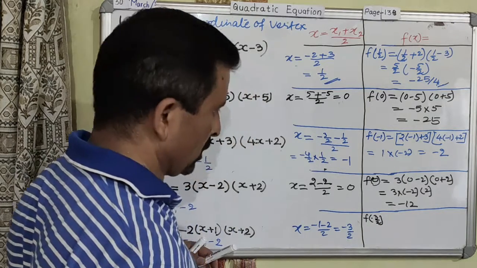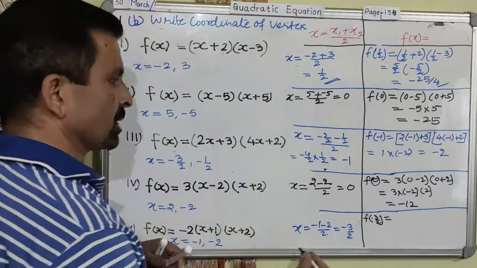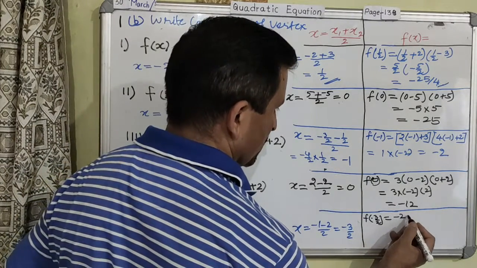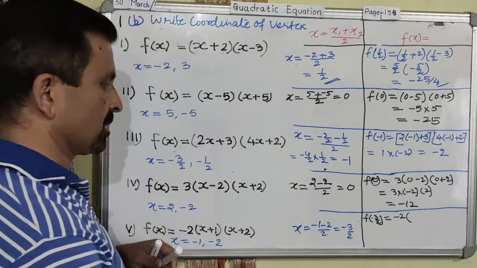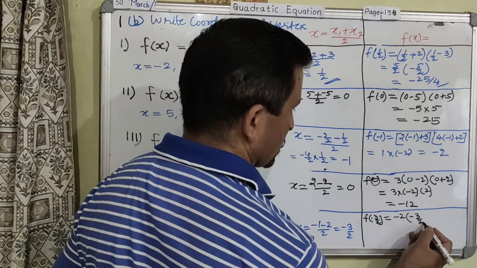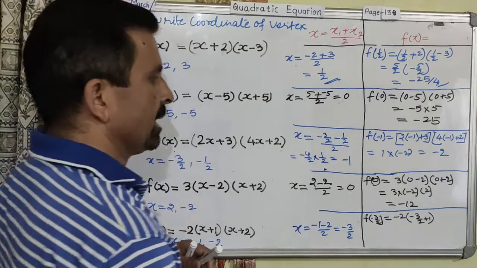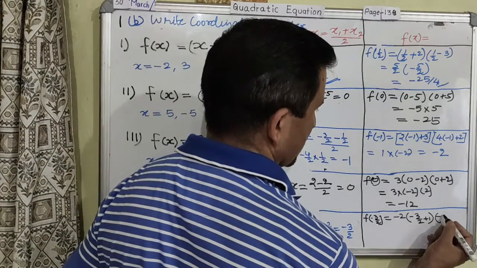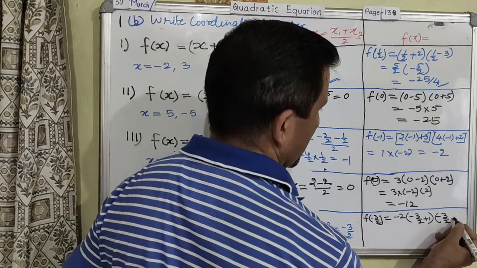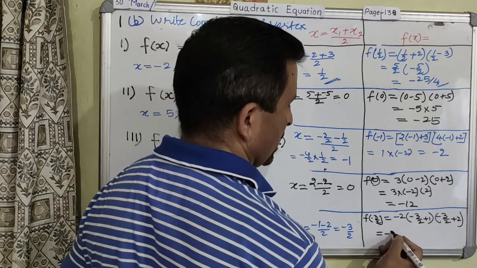For x equal to -3 over 2, in this equation, -2 into x plus 3, and your x is calculated -3 over 2. So -3 over 2 plus 1. Okay? And then x plus 2, that is -3 over 2 plus 2. Now -2 is as it is.